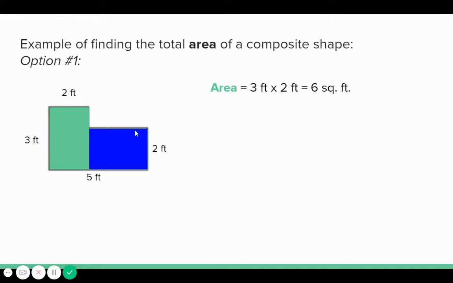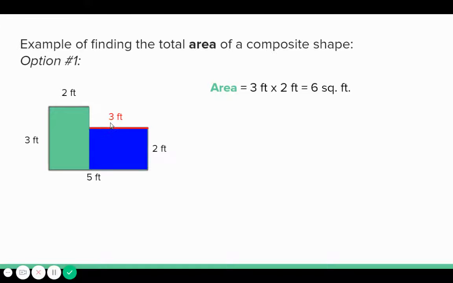I need to find this length, which is only for the blue rectangle. So this is 5, and I'm going to use the opposite sides relationship. This is 5, and I see that there's a 2 here. So how much do I need to make this 2 a 5? So this should be 3. The opposite side has got to be 3.